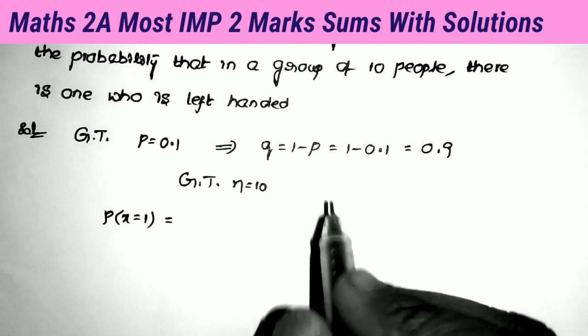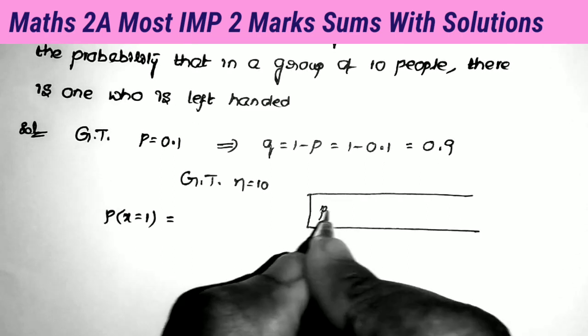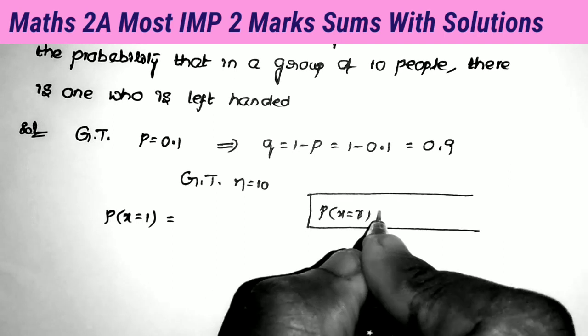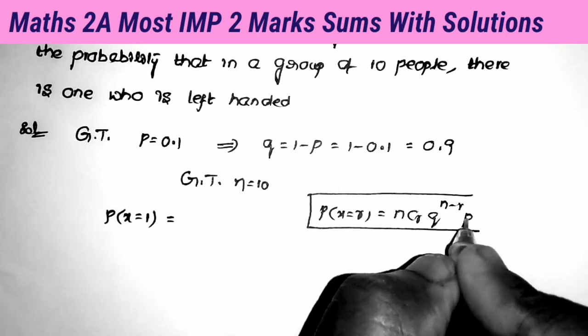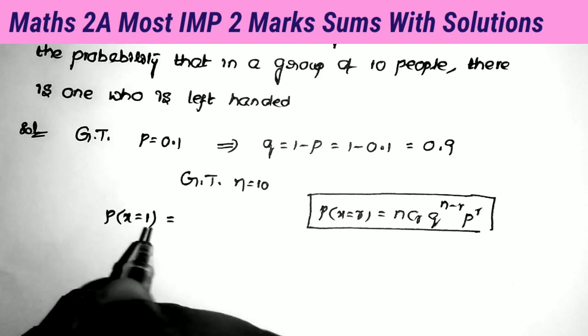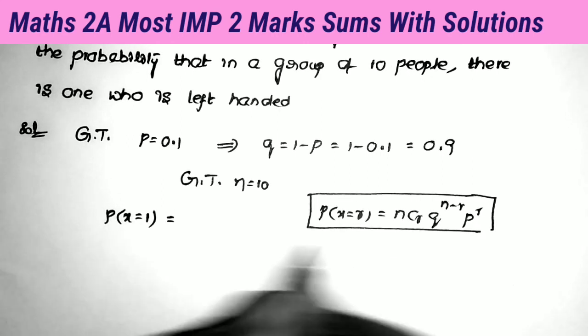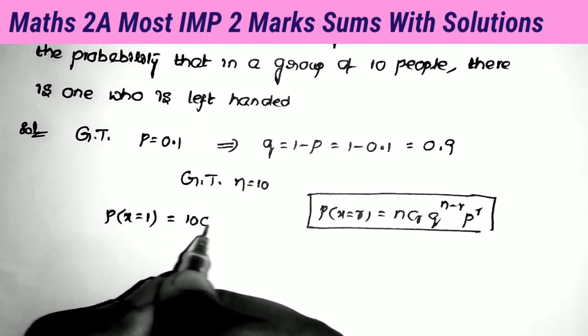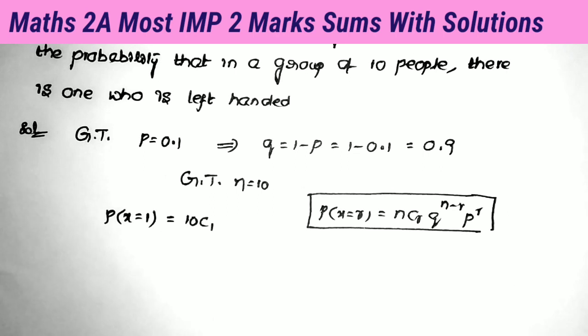We want this value. Now, first taking the formula: P of x is equal to r is equal to nCr q power n minus r, p power r. This is the formula. Now we want P of x is equal to 1, that is 10C1, with n value 10 and r value 1.